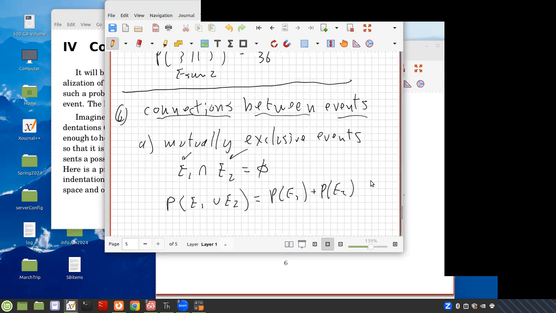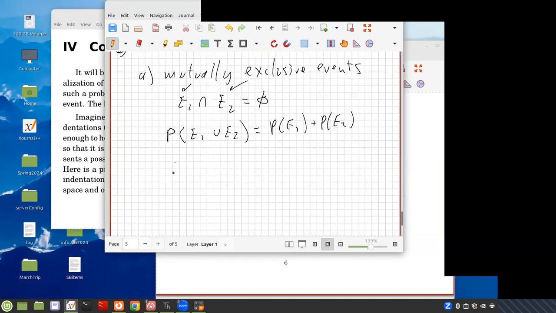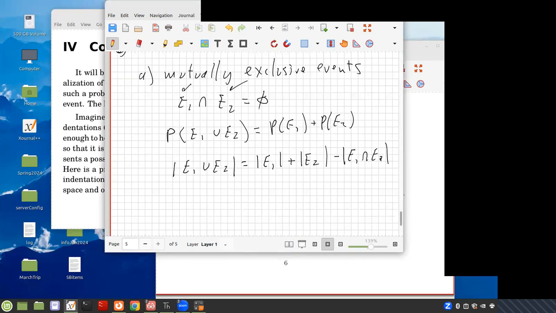We can see that's consistent with the classical probability model, because the number of outcomes in the union is going to equal the number in E1 plus the number in E2 minus the number in the intersection, right? Well, if the intersection is the empty set, then this is 0.